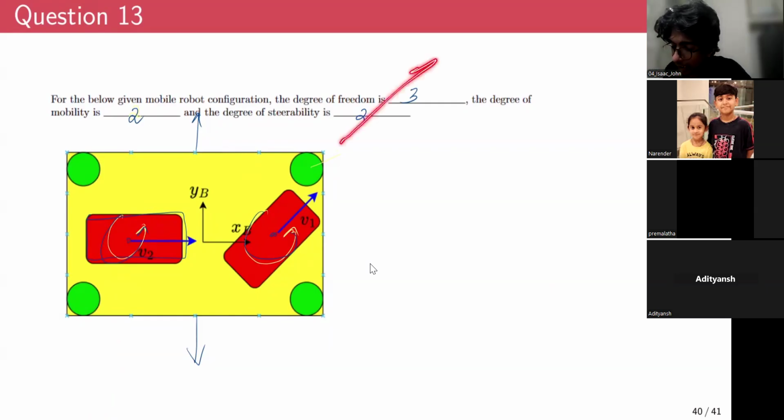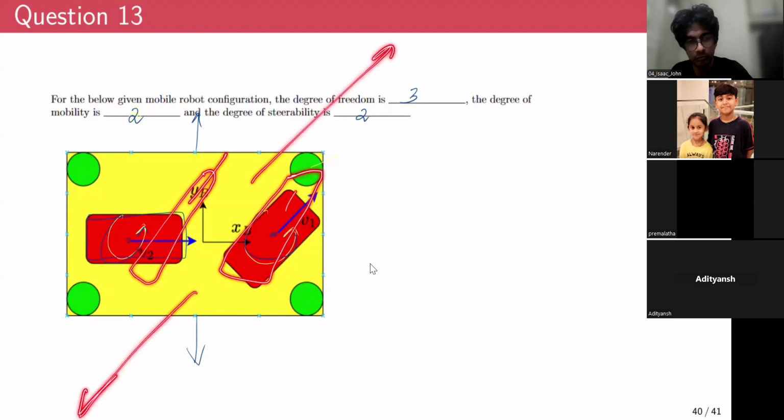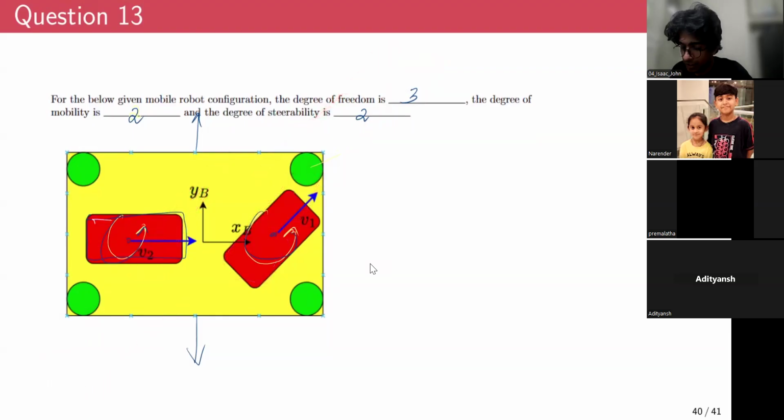They can even move diagonally like this. If all the wheels are aligned like this, and if you are powering these wheels, they can move diagonally. And if all the wheels are pointing forward, they move forward. If all the wheels are moving backward, they can move backward.